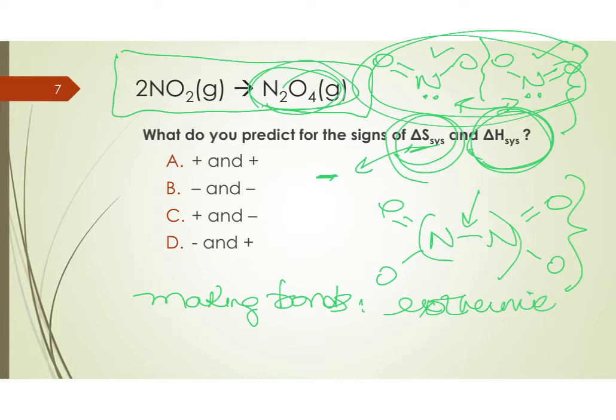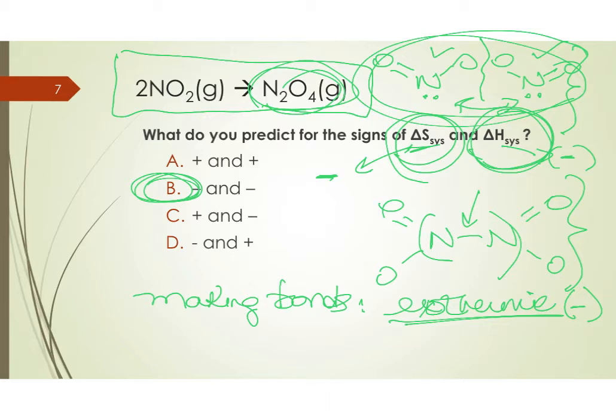Favorable in nature. That's why so many bonds are made. Always exothermic. And exothermic processes have a negative delta H sign. So delta S is negative and delta H is also negative for this process.